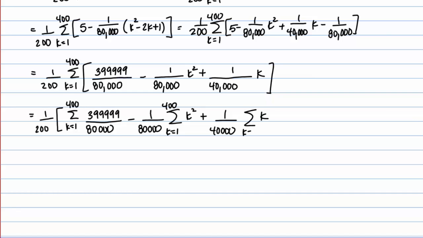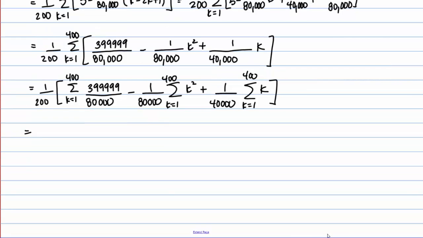And now I can apply my formulas. So I have this constant. Remember we said that if you're summing a constant, it ends up equaling that constant times n. So here, n is 400. So it's going to be this times 400 minus 1 over 80,000.